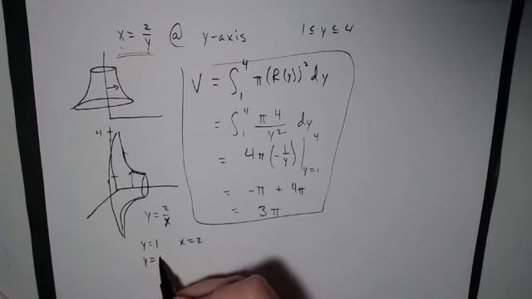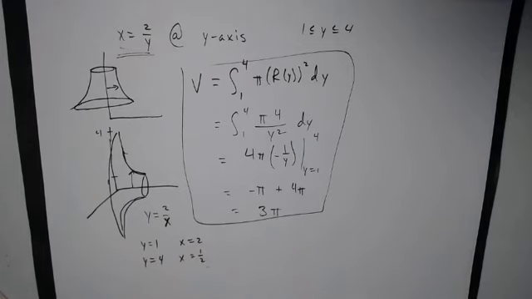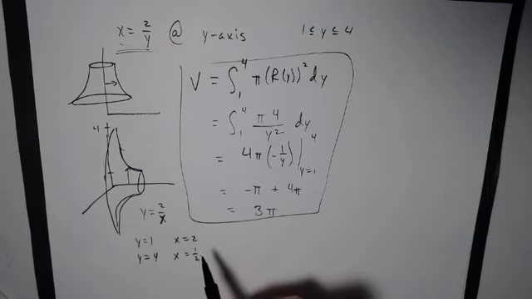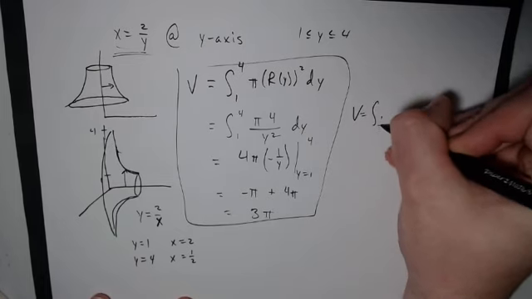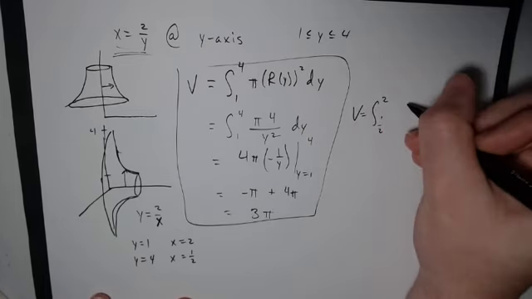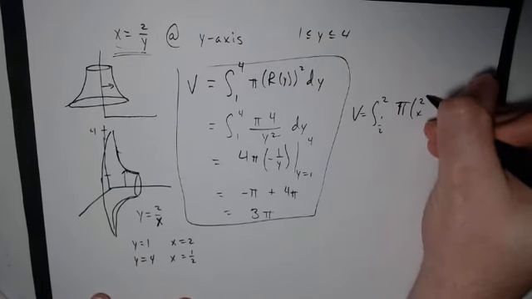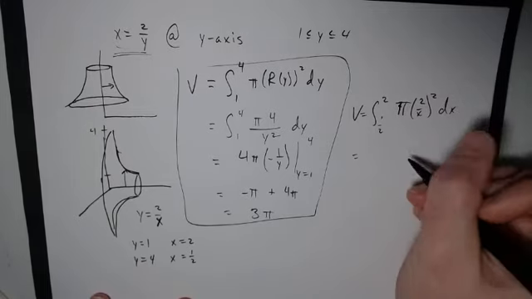And when y equals 4, x equals 1/2. Does that look right? 2 over 1/2 is 4. 2 over 2 is 1. Looks good to me. So then that volume would be the integral from 1/2 to 2 of pi times 2 over x squared dx.